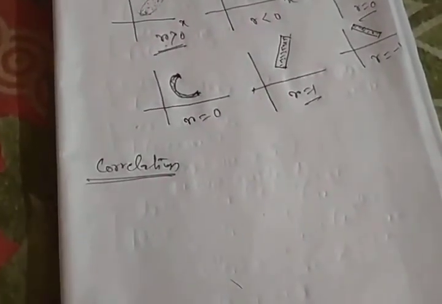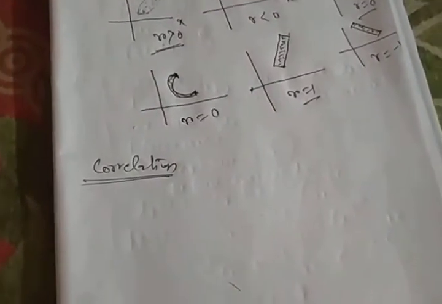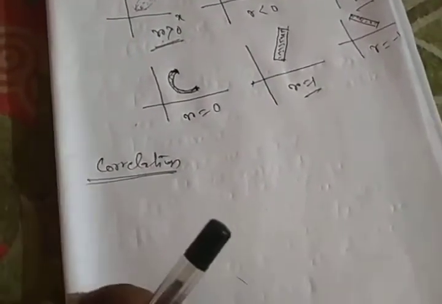Also income and expenditure: if we earn very largely, then we can spend in a very large way. Same for sales and profit. There are so many correlations between two variables that we can find.